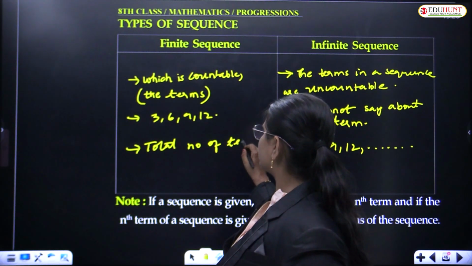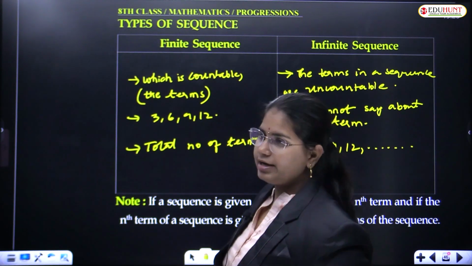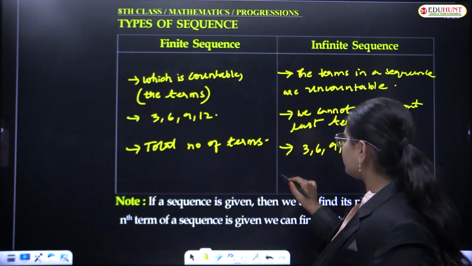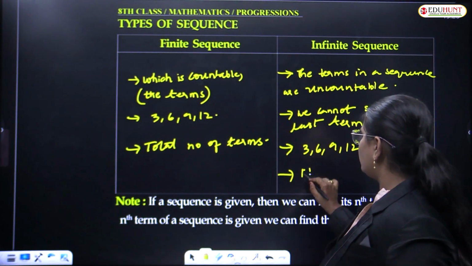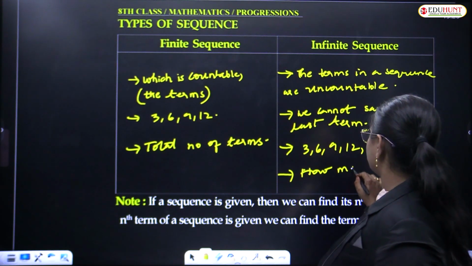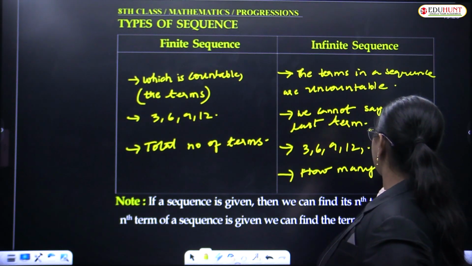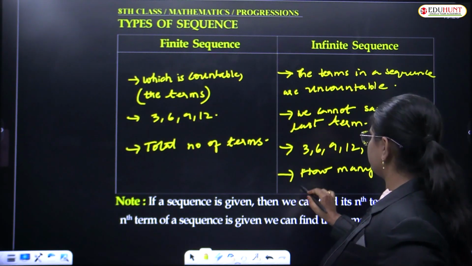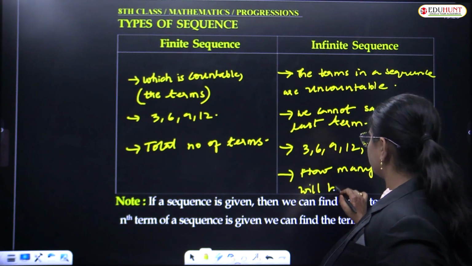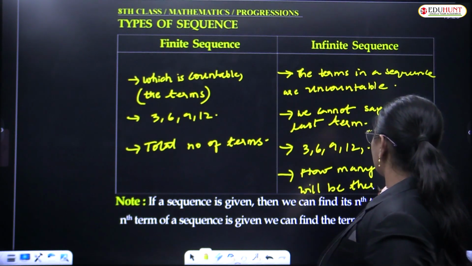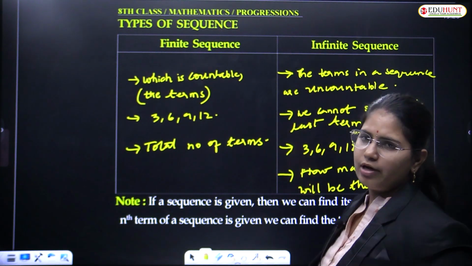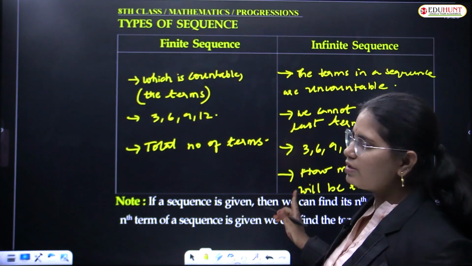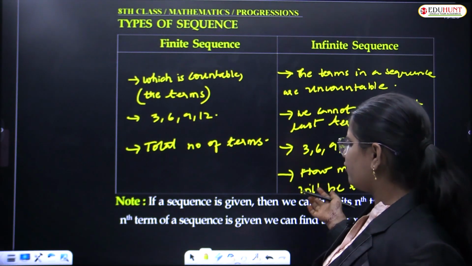But in an infinite sequence you cannot predict how many terms there are. This is the difference between a finite sequence and an infinite sequence.